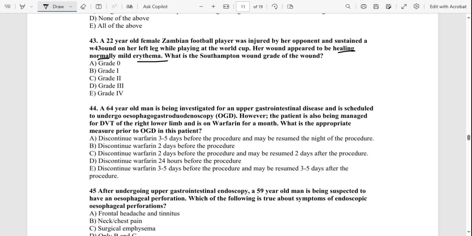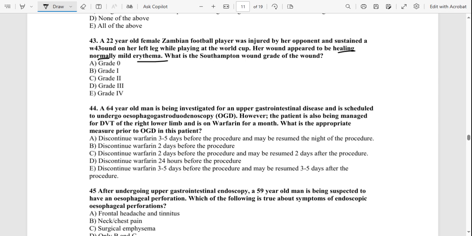Now, for the grades, we have from grade 0 up to 5. 0 is when you have normal healing with no inflammation. 1, there is mild erythema or bruising only. 2, there is erythema and a discharge. 3, there is a purulent discharge. 4, deep or severe wound infection.